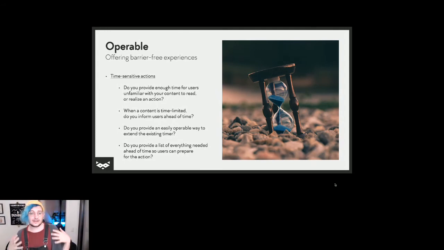And it's about providing an operable way to extend an existing timer if possible. And even with all of that, it can also be nice to offer ways to, for example, add time when we see that we don't have time left. Adding time in a way that is easy for people at least.